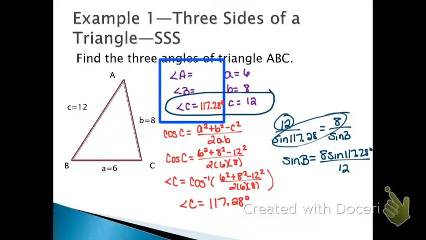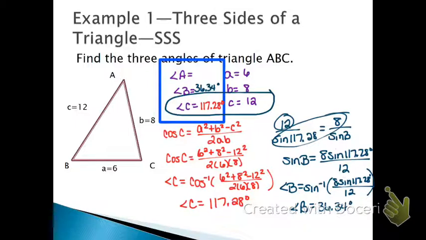And again, we're looking for an angle, so what are we going to use? We're going to use the inverse sine. Alright, so let's type that in and see what we get. Alright, so we found angle B was 36.34 degrees.